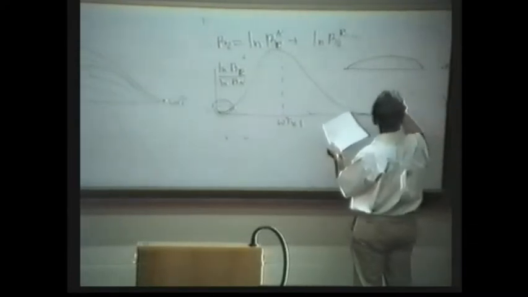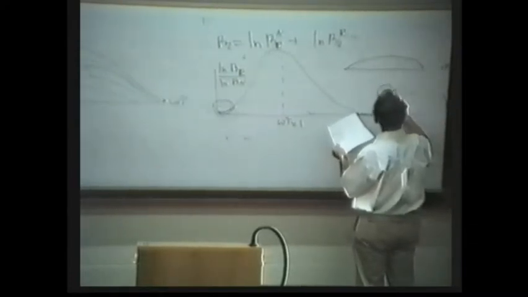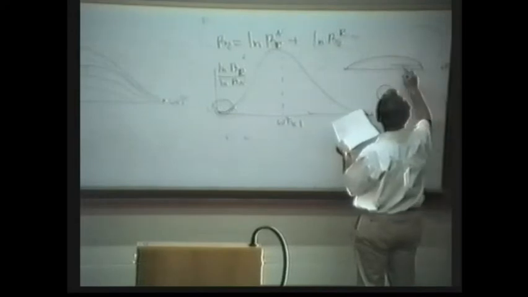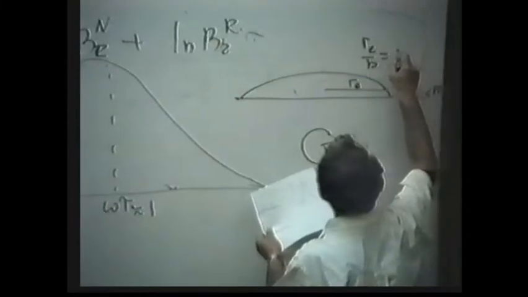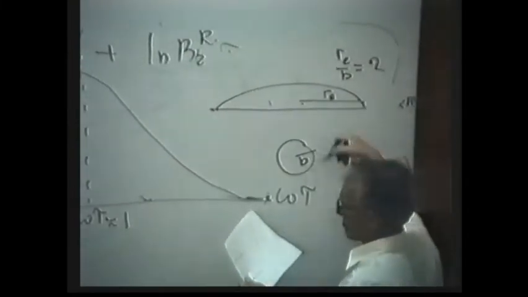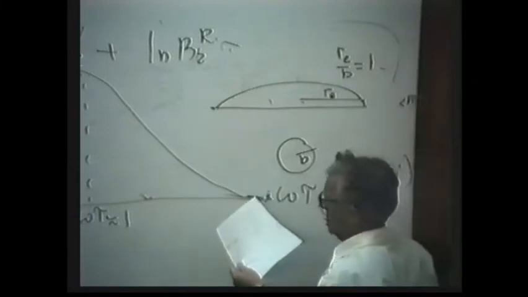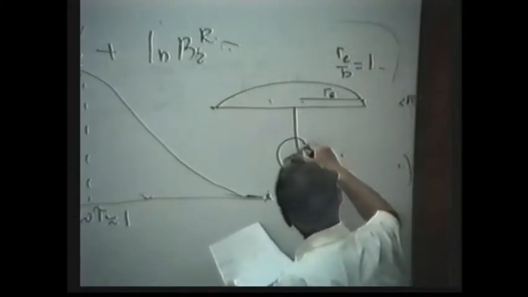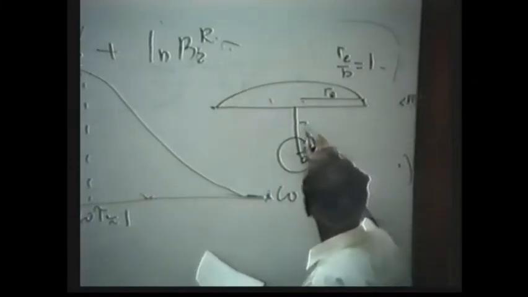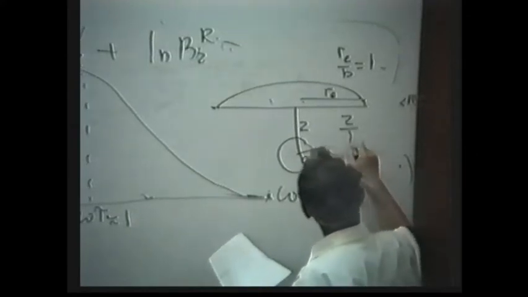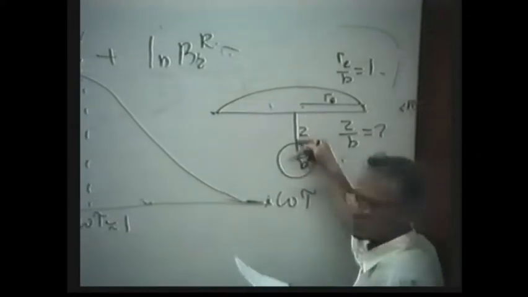Suppose a sphere of radius b, with radius over b equal to 2, and depth z over b equal to 2 times greater.